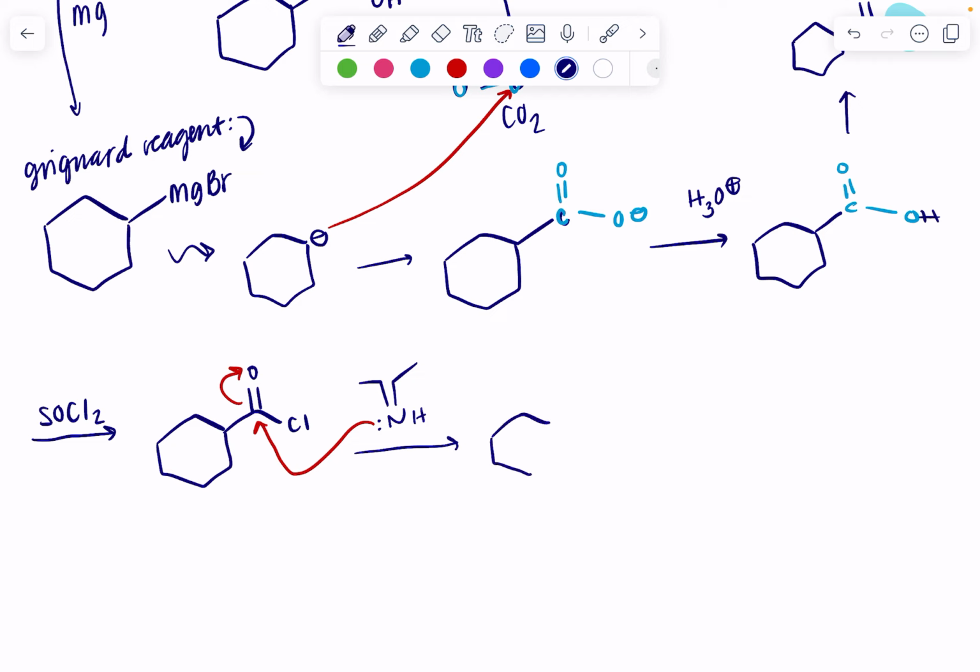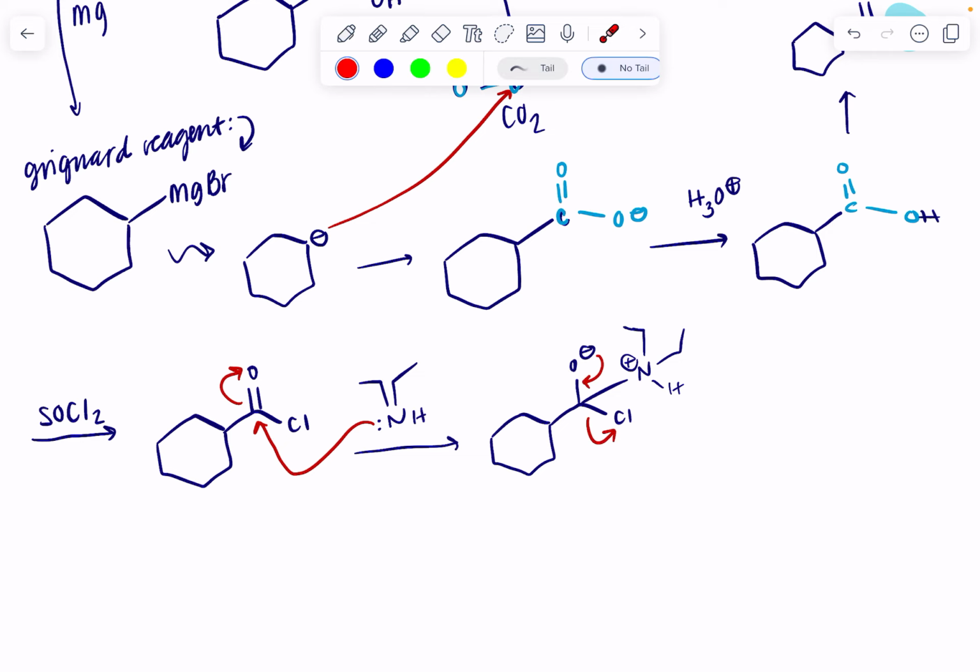Okay, get our cyclohexane ring drawn, and now we're going to have an O minus, a Cl, and we've added that NH with two groups. So this should have a positive charge. Now, we can bring the electrons back down from oxygen, kick off chlorine.